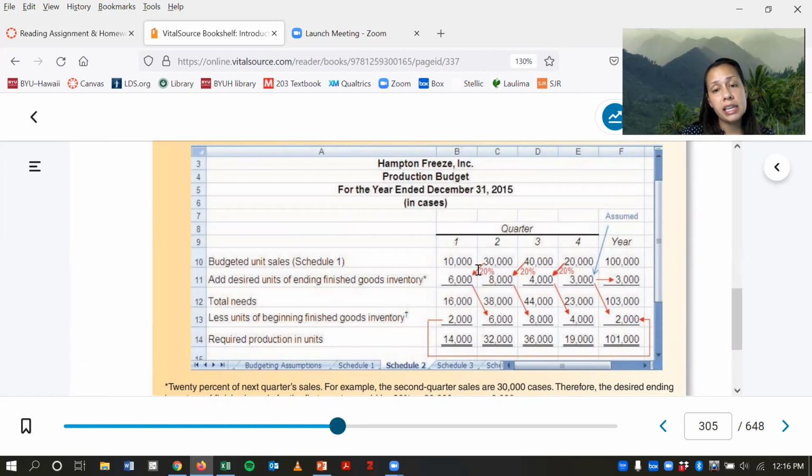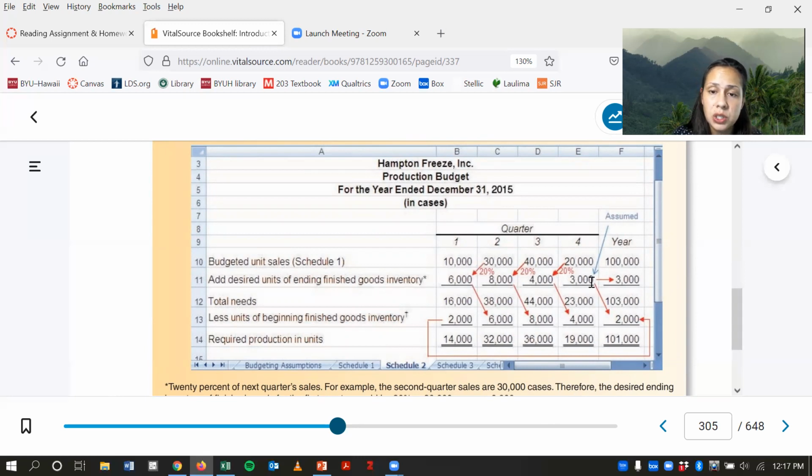And then our ending inventory in quarter one becomes our beginning inventory in quarter two. And that can help us meet our total needs. So remember, ending becomes beginning. The very ending of quarter one, which would be March 31st at 11:59 p.m., becomes the very beginning of April 1st at 12:01 a.m. So the ending becomes the beginning, and then there are some assumptions there where they assumed amounts.